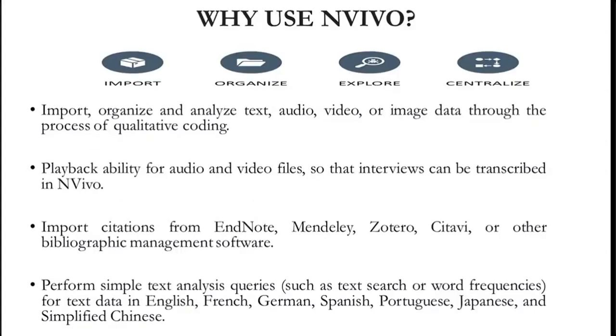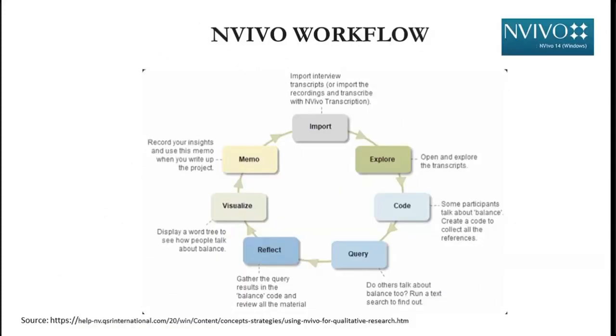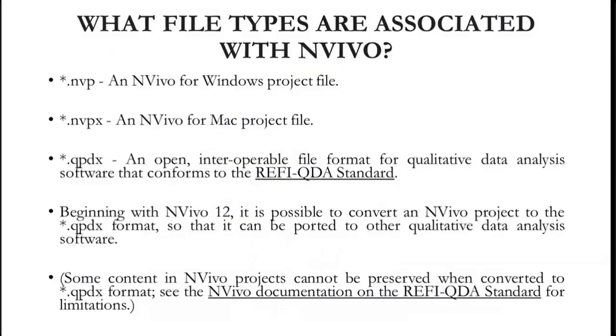So I'll show you the NVivo software, what it is all about. Before that, if you're going to save your file, NVivo has its own extension. For example, if I'm saving a Word document, we'll get an extension like .doc or .docx. If you're working on Excel, .xls.